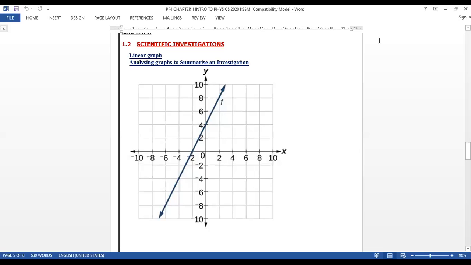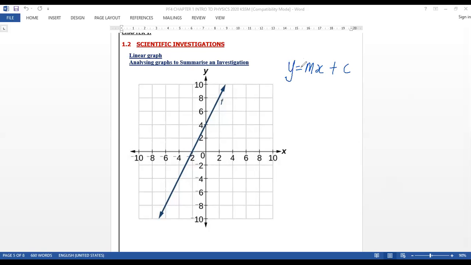The basic formula of a linear graph, which you will learn in detail later in maths, is y equals mx plus c, if it's a linear graph, a straight line.